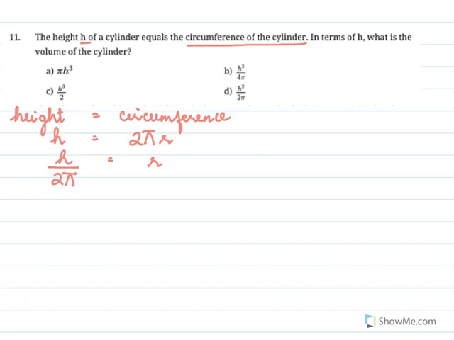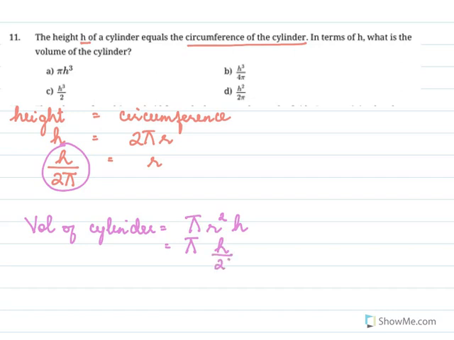Now we need to find the volume of the cylinder. So volume of cylinder equal to pi r square h. So pi, we saw the r is h over 2 pi, so we have h over 2 pi the whole square into h.